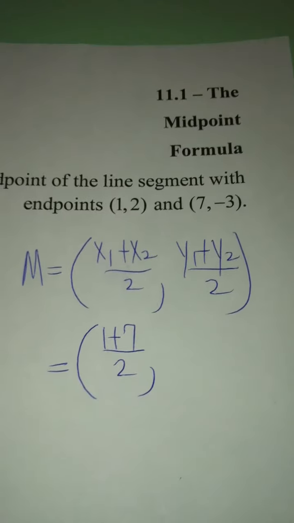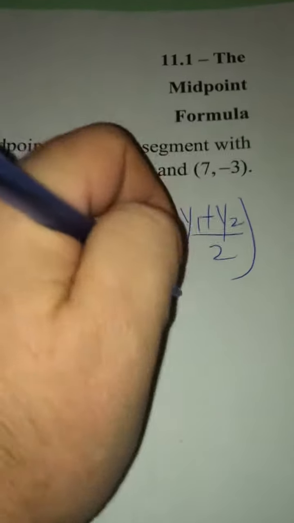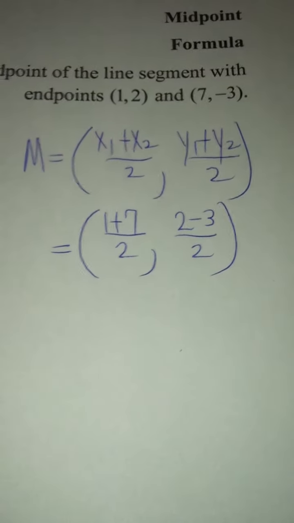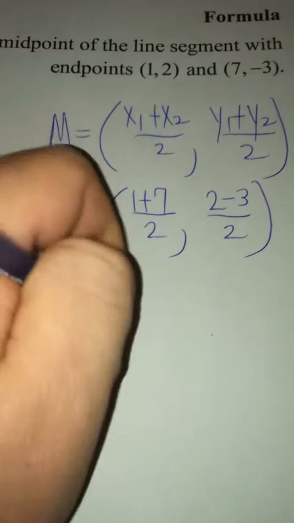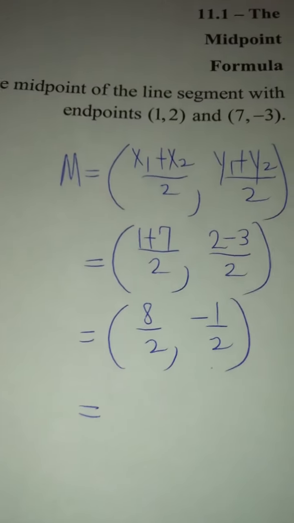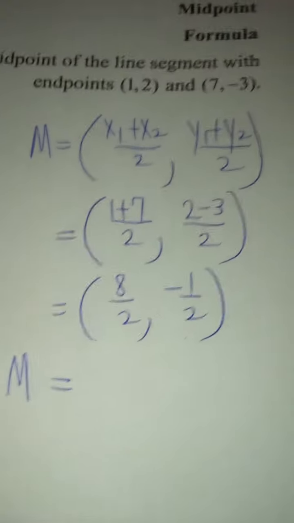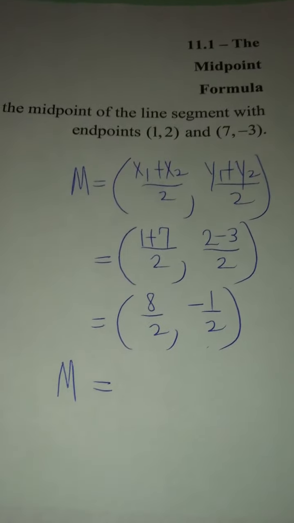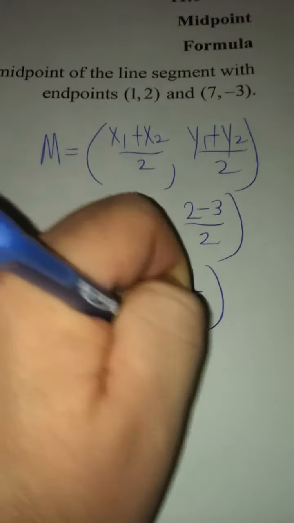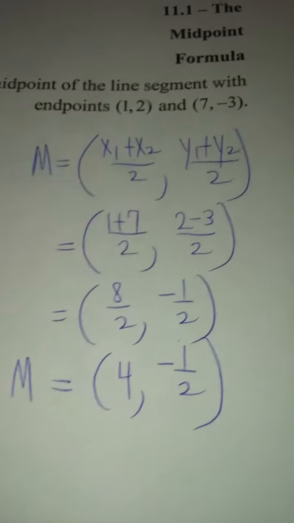And we're also going to plug in our y values, 2 minus 3. At this stage, simplify. So we have 8 over 2, and also negative 1 over 2. So therefore, the midpoint of our 2 endpoints is the ordered pair 4 and negative 1/2.